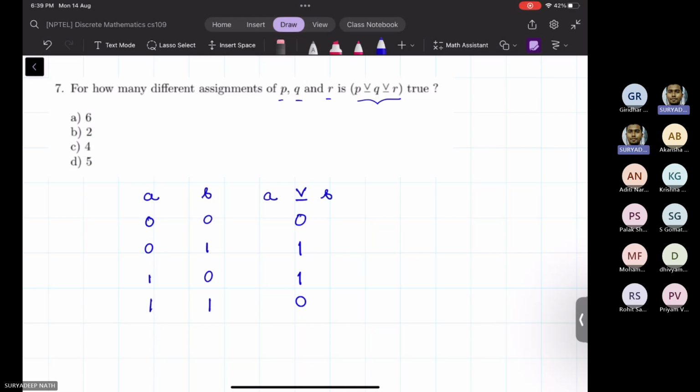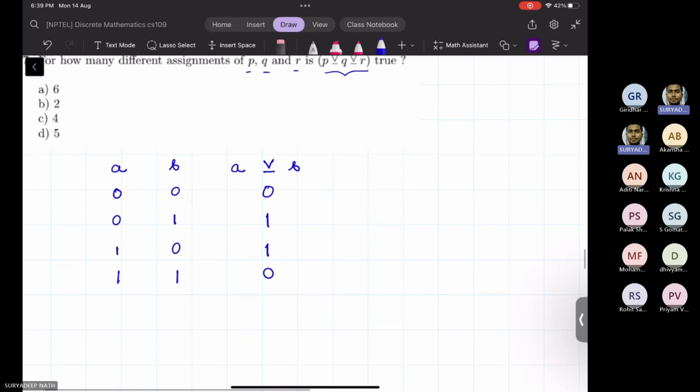Can anyone take a guess? When will this XOR of three variables be true? Sir, for an odd number of ones. Yes, you are right.